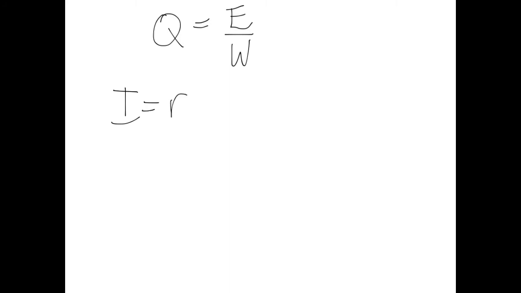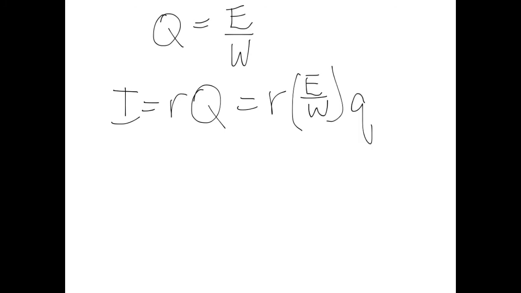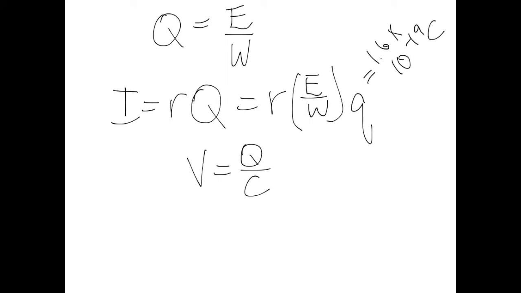This is my source interaction rate or something like this times that charge, or this is equal to R times E over W, and then I have little q, the charge of the electron, which is equal to 1.6 times 10 to the negative 19th coulombs, a number you should memorize. So that's if I'm measuring current. If I am, on the other hand, measuring voltage, my equation is V equals Q over C, where Q is my charge that's created, C is my detector capacitance.